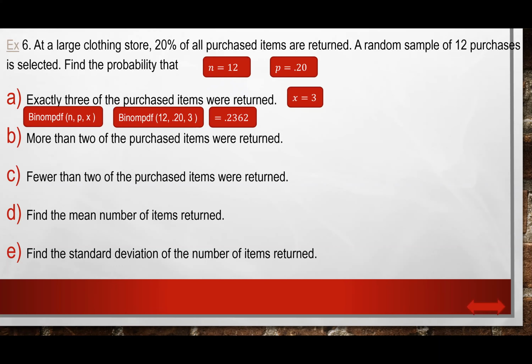But before that, ask yourself: are we looking for the items to the left or to the right of this value? Find the probability that more than 2 of the purchases are returned. What does more than 2 mean? It means 3, 4, 5, 6, 7, 8, 9, 10, 11, and 12. So more than 2 is the number of items on the right of 2.